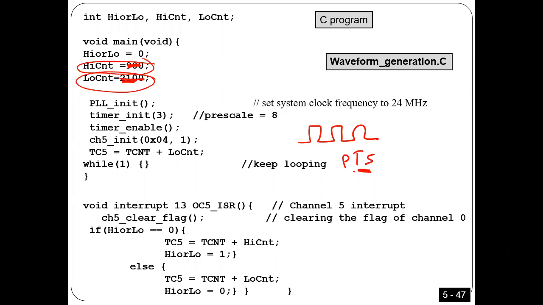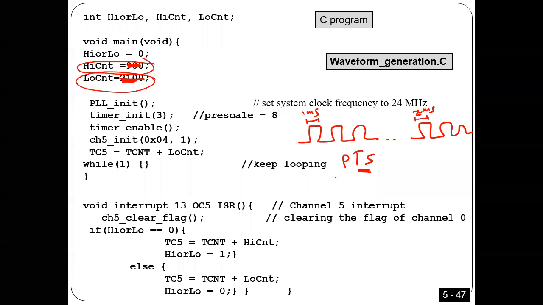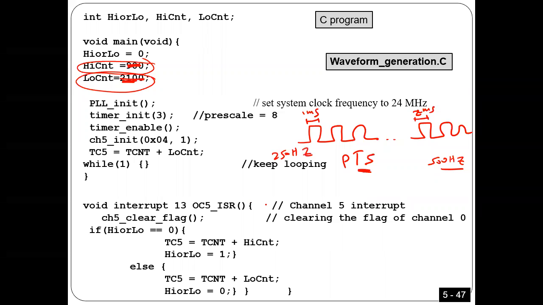We alternated between two different frequencies. One time here was 1 millisecond, here the time was 2 milliseconds as far as I remember, so this one was 500 hertz, 250 hertz, something like that.